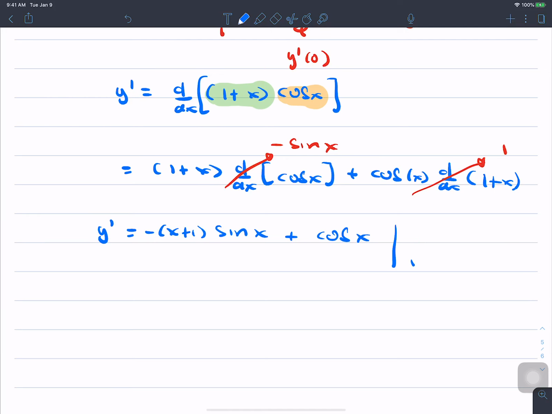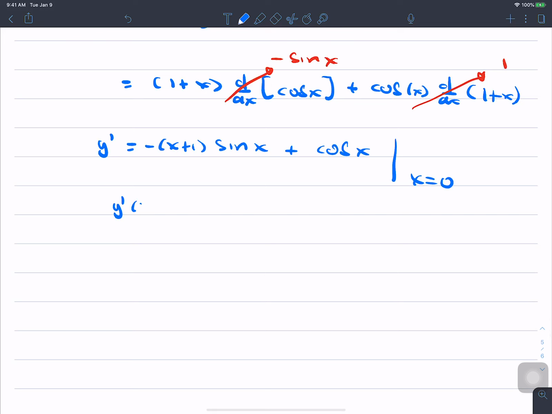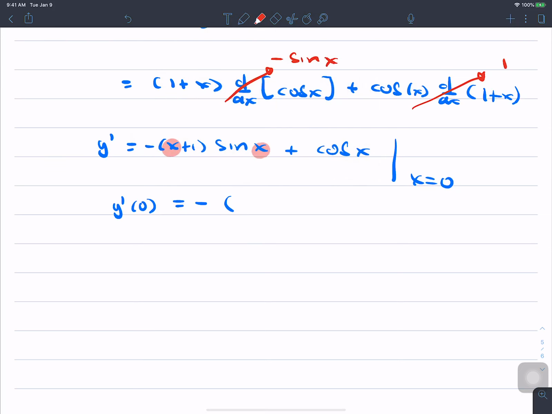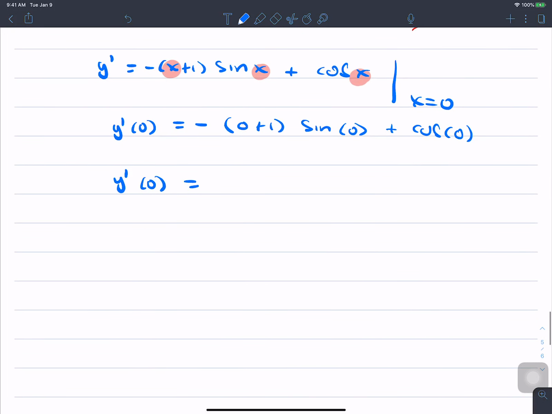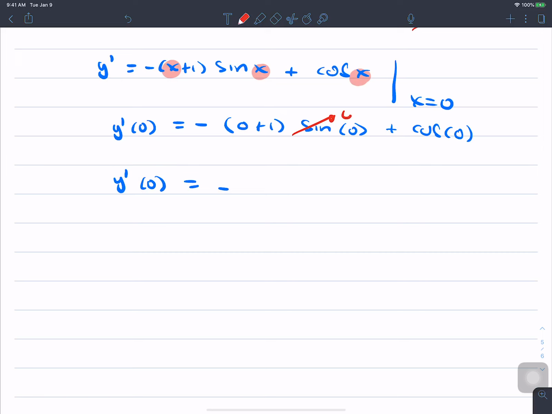Now we have to evaluate that at x is 0. So that gives us y prime of 0. Plug in a 0 wherever there's an x, right? So 0 goes here, here, and here. So you get minus 0 plus 1 times sine 0, plus cosine 0. And 0 plus 1 is 1. Let's write down the values: sine of 0 is 0, and cosine of 0 is 1.